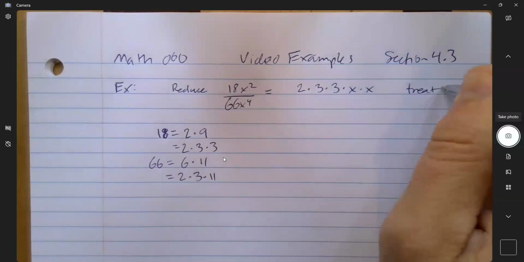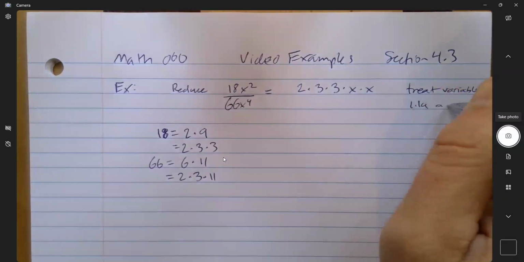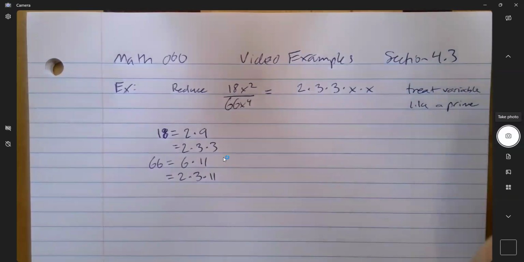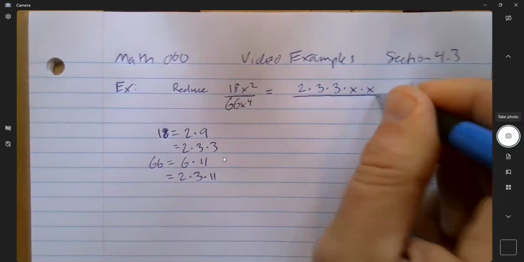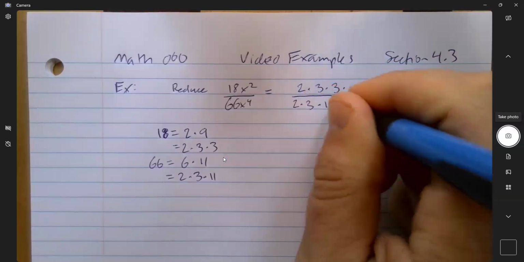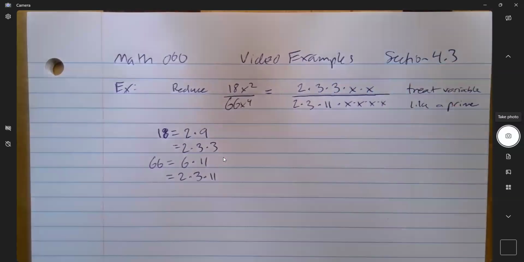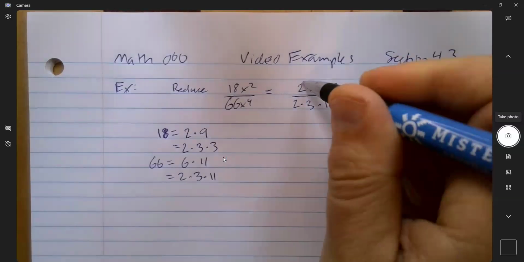I treat the variable like a prime. And 66x to the fourth is 2 times 3 times 11 times x times x times x times x. And now, just like reducing a fraction that has only numbers, I look for primes that are shared in the top and the bottom.